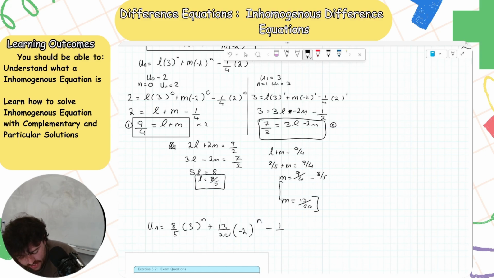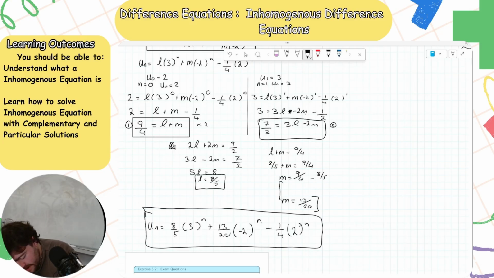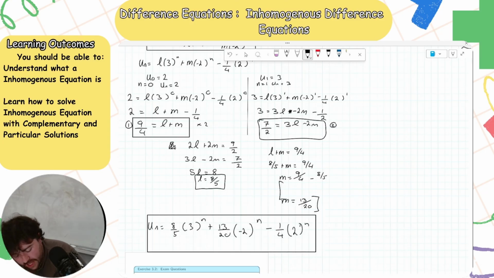And finally, minus a quarter times 2 to the n. That is my full solution there for an inhomogeneous second order difference equation.